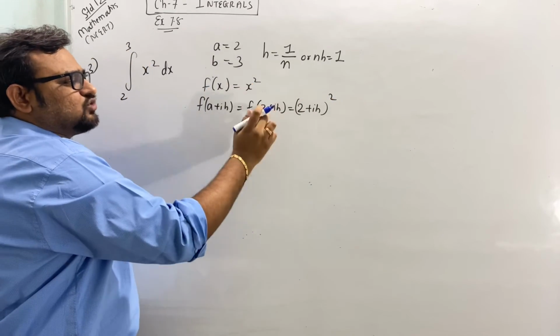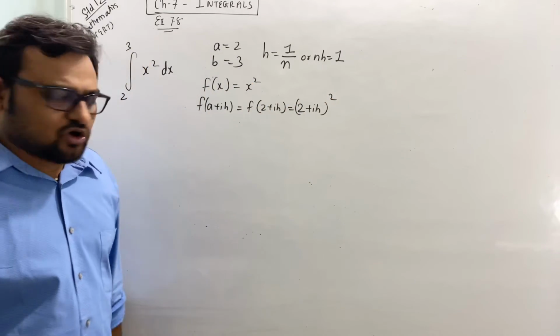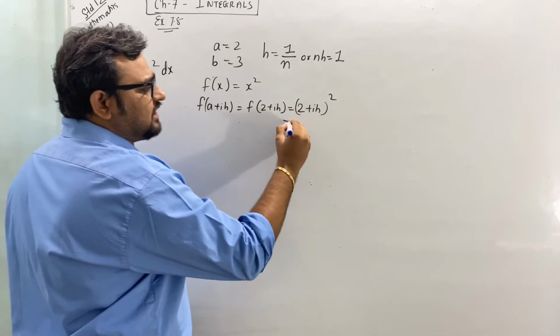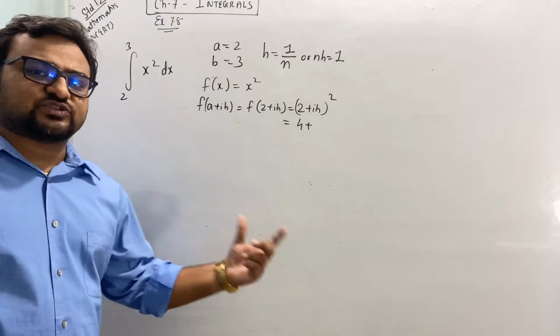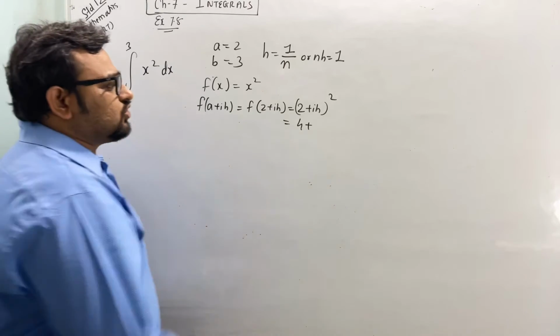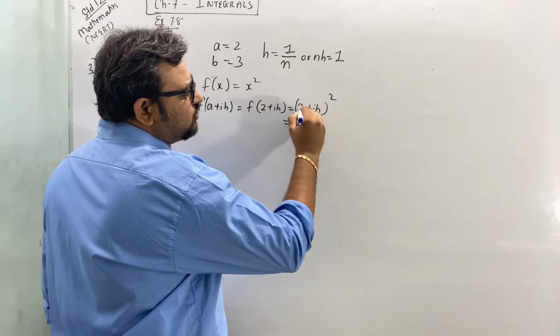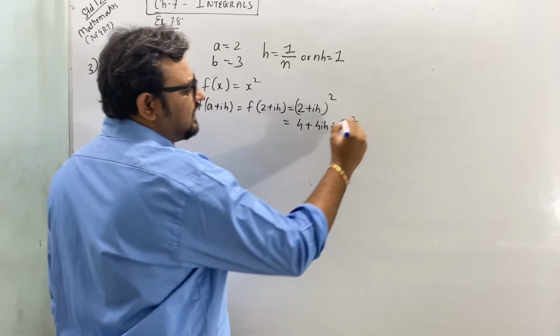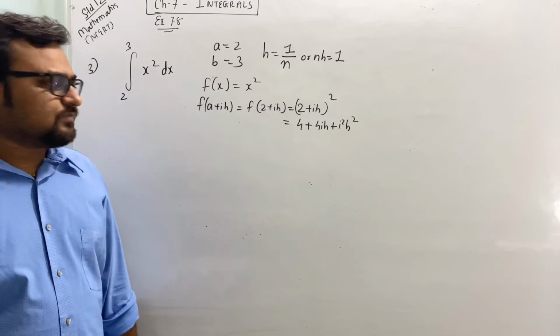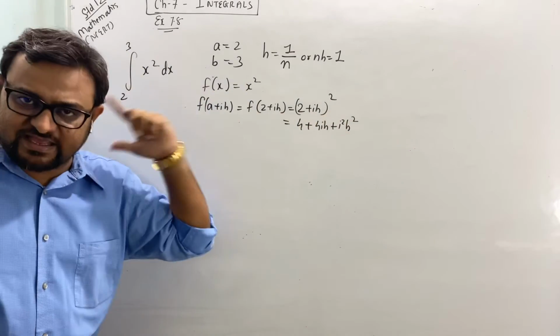So this will be equal to a square plus 2ab plus b square, so 4 plus 2 into 2, 4ih, plus i square h square. Clear? So this is f of a plus ih.